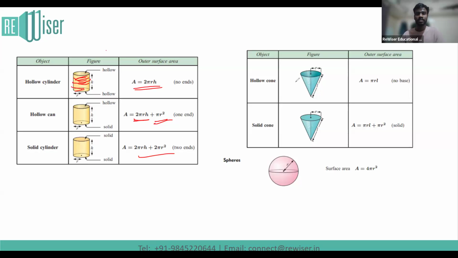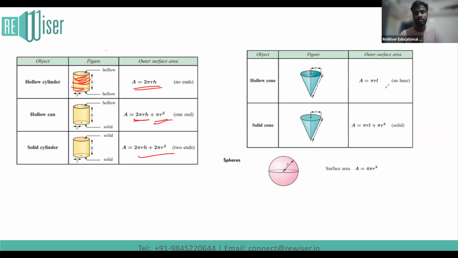Next, the cone. For a hollow cone, where the top is open, the surface area is pi r l, where l is the slant height.